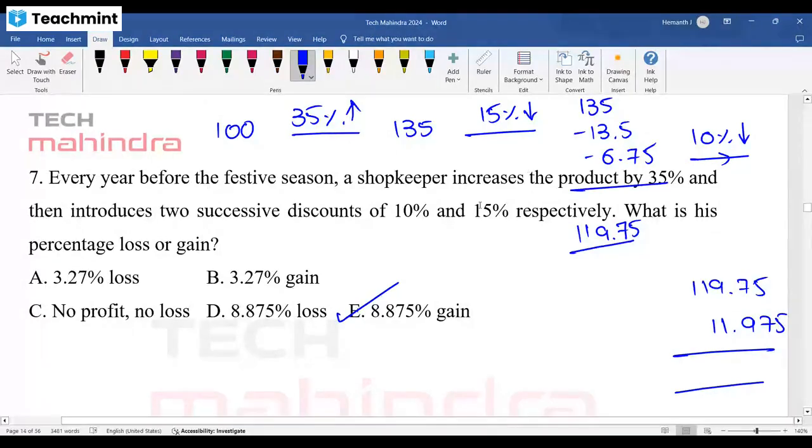If the calculator is allowed, this is hardly a 10 seconds question. So what do you have to do? Let's say the calculator is allowed.